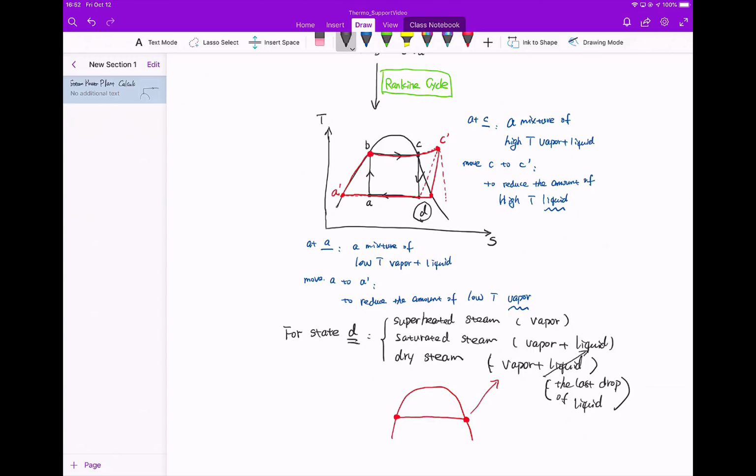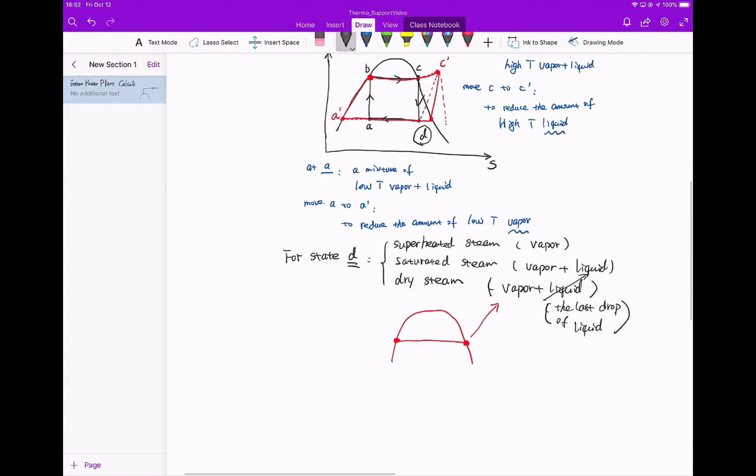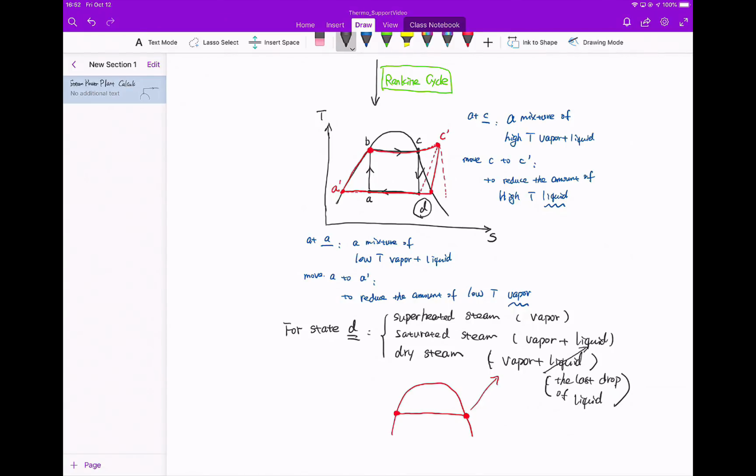And then I hope you recall the discussions we had about the two important processes. This is pump, this is the turbine.